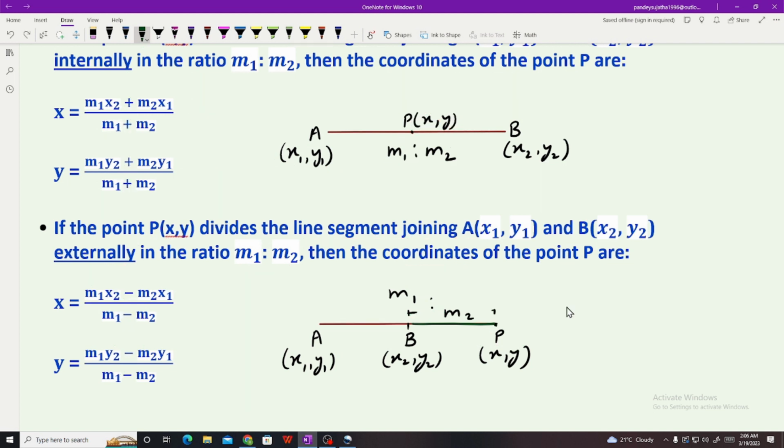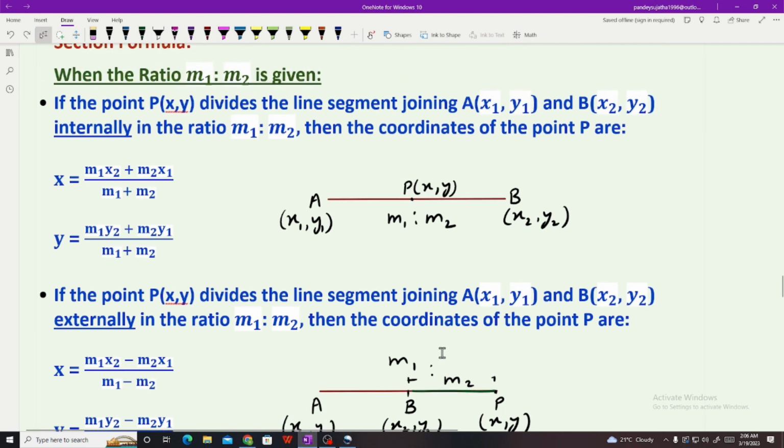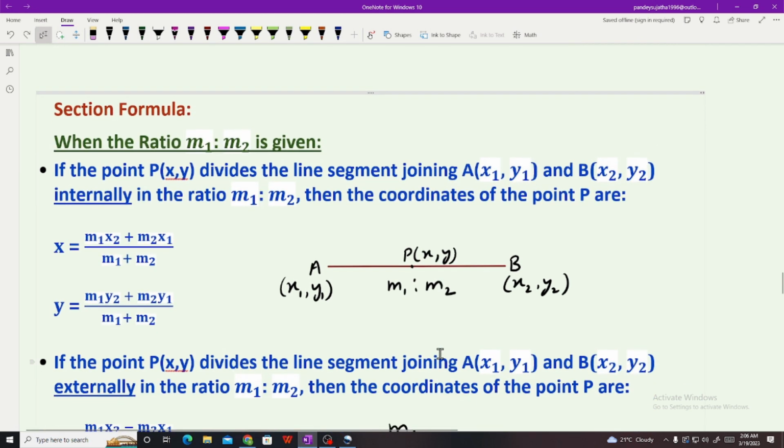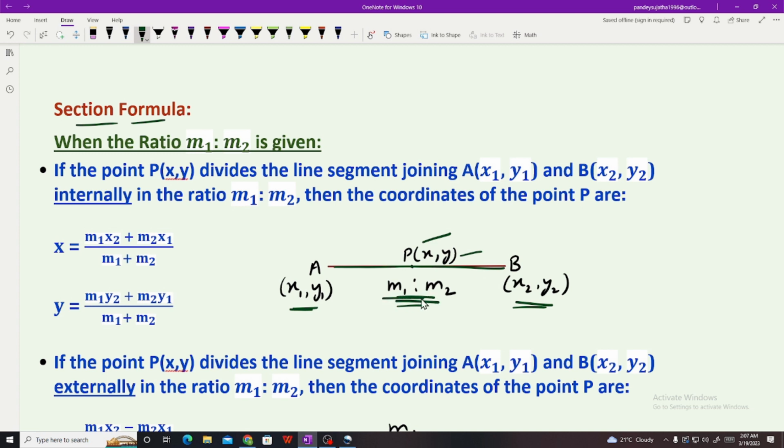Let's understand this with an example. Here for the section formula, we make use of 4 values: the coordinates of point A, the coordinates of point B, the ratio, and the coordinates of the point which divides the line segment in some ratio.